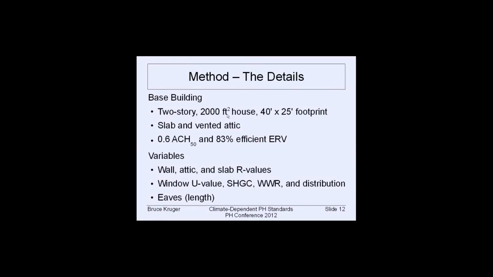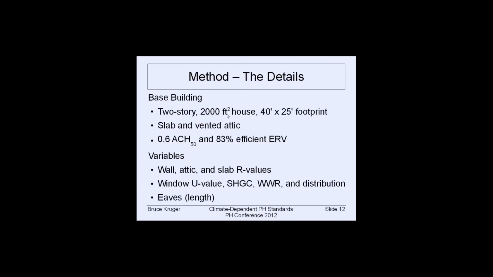Before showing you results, I want to say that my work was limited to single-family detached homes. It's partly because that's what BEopt was designed to model, and also because I needed to limit the parameters of my investigation for the sake of getting it done at some point.